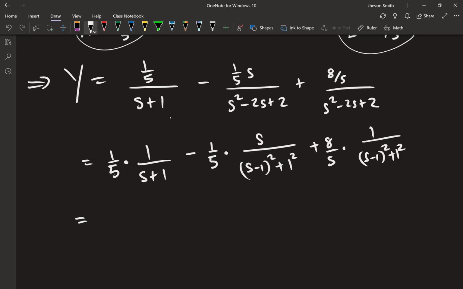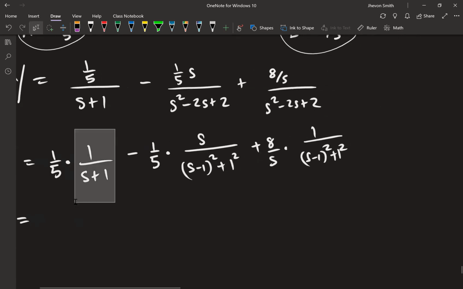Now, we're very close to matching things up with the table. This guy is going to match up with the table very nicely. That's actually just an exponential. That obviously you can see is the particular solution. These guys are going to give me sines and cosines, which is going to be your homogeneous solution, which kind of tells you that if you did it the other way, the characteristic solution would give you complex roots. Anyway, I digress. Let's actually figure this out.